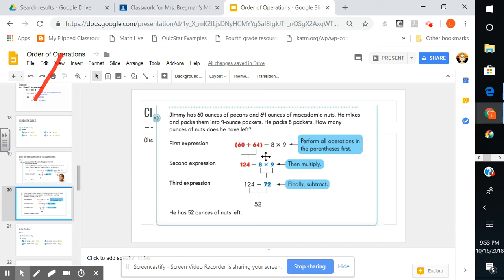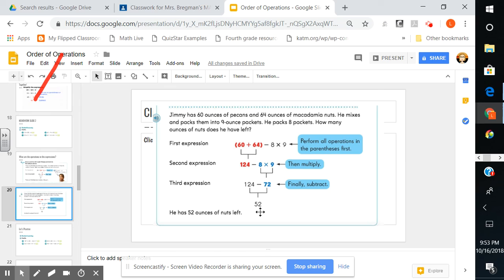Bring down everything else, minus 8 times 9. Well, now we know that according to PEMDAS, we cannot do subtraction first. We do the multiplication first. So do 8 times 9, bring down the 72, bring down the minus, bring down the 124. Then the last step, you will now subtract. And our final answer is 52.